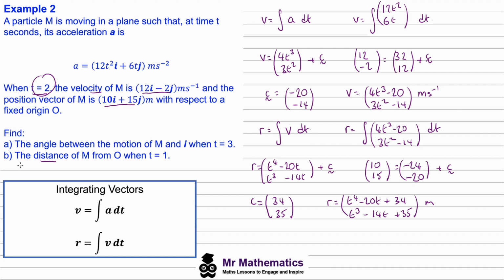Then for part B, find the distance when t equals 1. So if we substitute t equals 1 into our expression for r, it will be t to the 4, so 1, minus 20 times 1, plus 34. The j component will have 1 minus 14 plus 35.